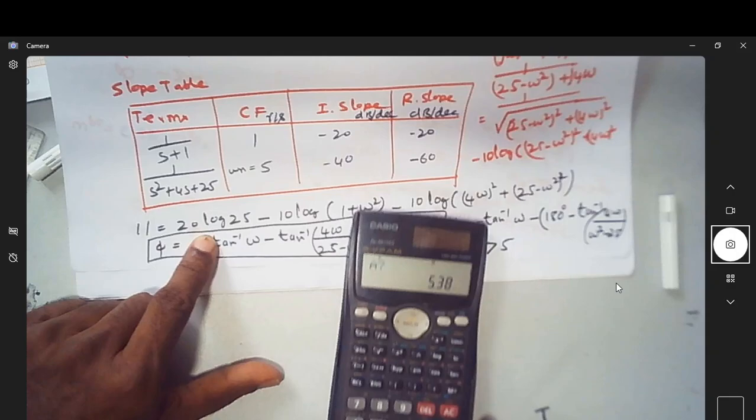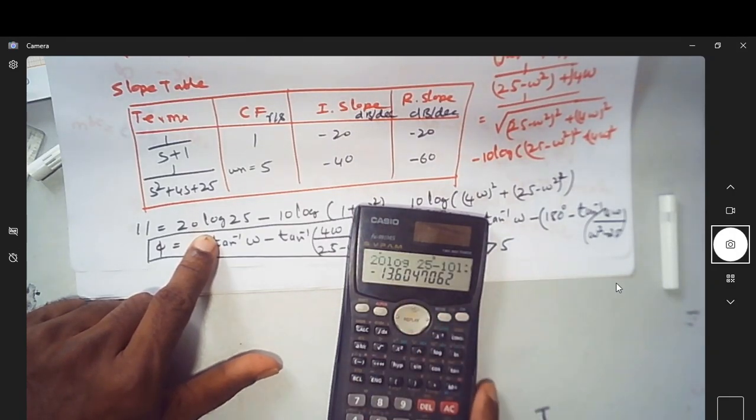Calculate for 5.38. You can see magnitude is minus 13.6.